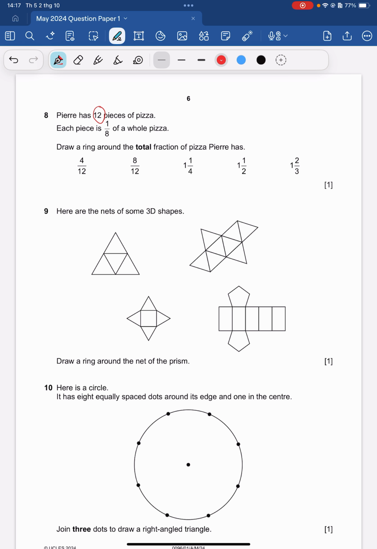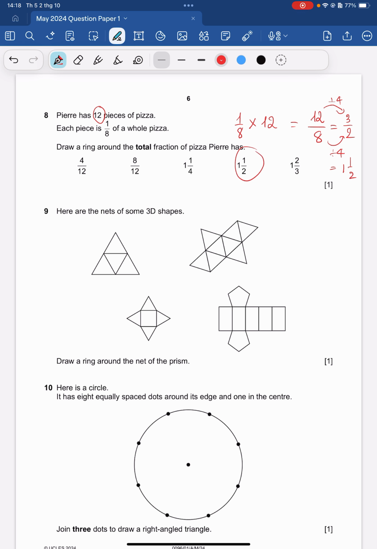Okay, so we have 1/8 times 12 because he has 12, so that should be 12 over 8. We divide it by 4, right? To get the new fraction, this will be 3 over 2. 3 over 2, and if we convert to a mixed number, it will be 1 and 1/2.